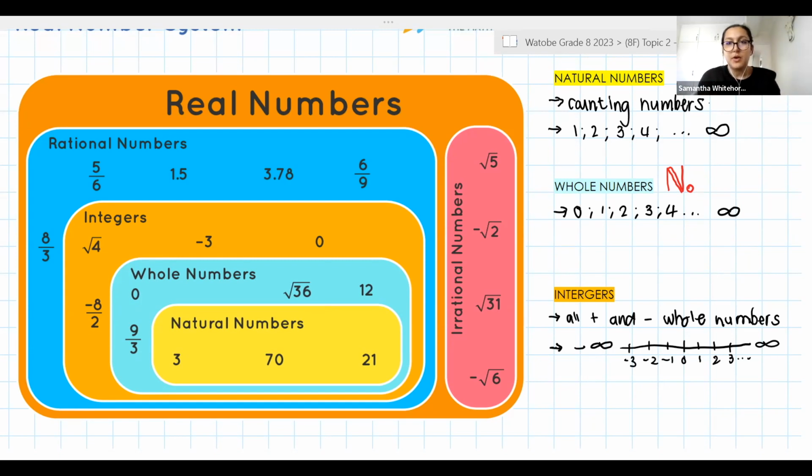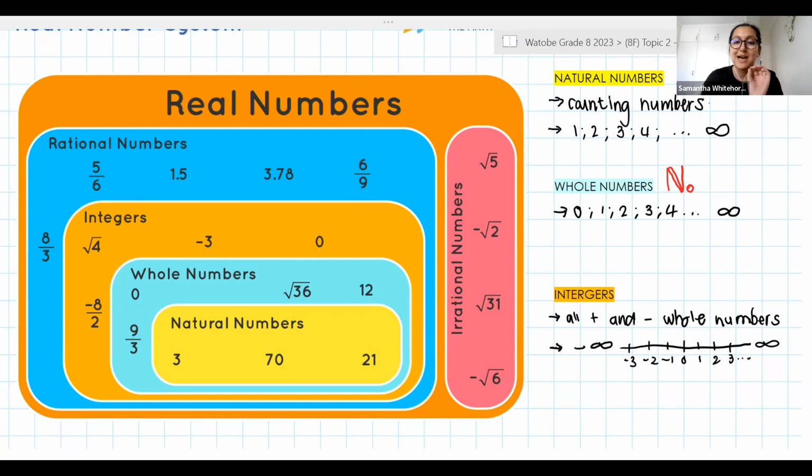The next group of numbers that we need to know about are integers. Now, integers are all your negative and your positive whole numbers. So if you think of your number line, if you go all the way from negative infinity and you keep counting, so -5, -4, -3, -2, -1, 0, 1, 2, and you keep going all the way up to positive infinity, those are all of your integers.